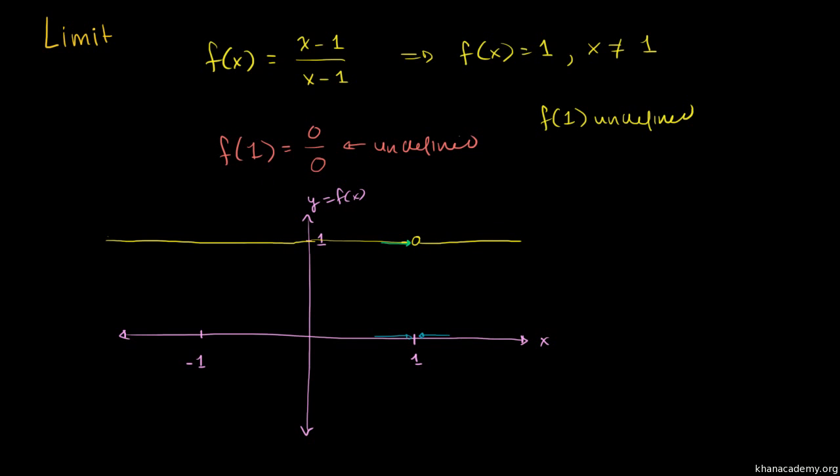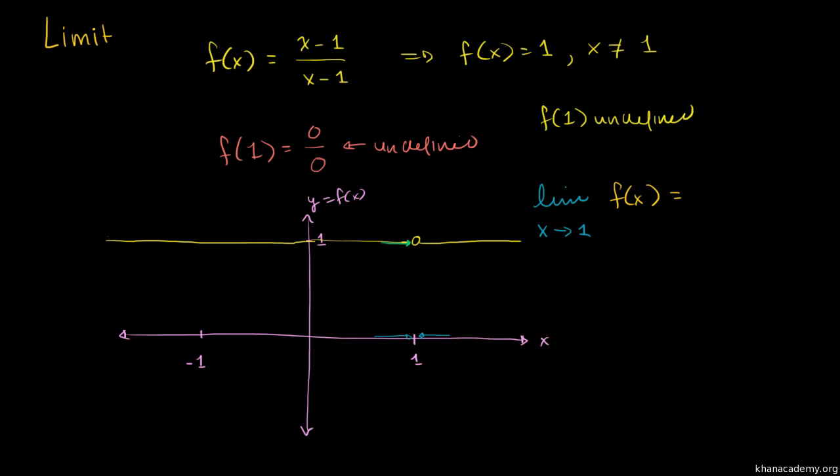So you could say, and we'll get more and more familiar with this idea as we do more examples, that the limit as x approaches 1 of f of x is equal to, as we get infinitely close to 1, as long as we're not at 1, our function is going to be equal to 1.